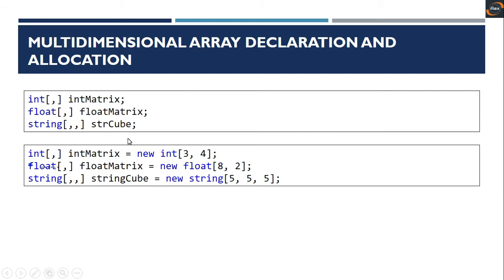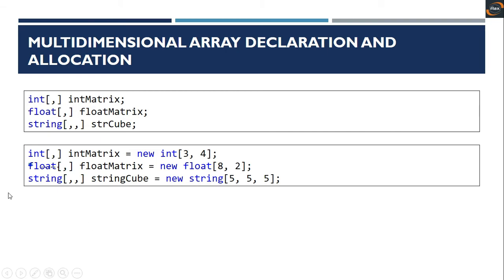How can we declare and allocate memory for multi-dimensional arrays? It's similar to one dimension, but the difference is simply that you have to use commas for the dimensions. This is 2-dimension. This is 3-dimension. So this is an int matrix, a float matrix, and this is 3-dimensional.